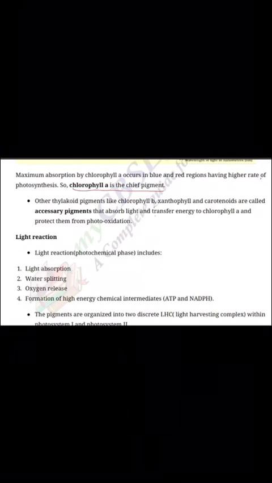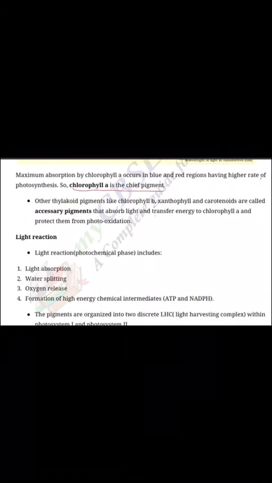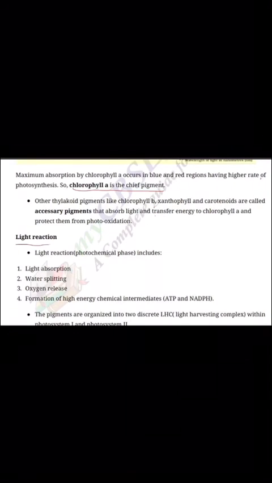Again, as we said, photosynthesis gets completed through two reactions, light reaction and dark reaction. Let's see the first one, light reaction. This is also called the Hill reaction. A scientist by the name Hill discovered this, so let us give credit to that great man.